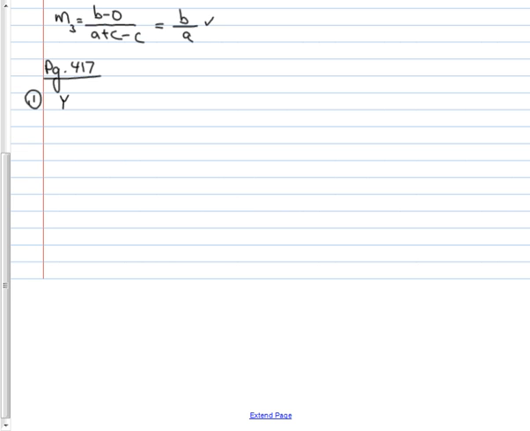Yes. What reason? Both pairs of opposite angles congruent. Number 2. No. How do you know?